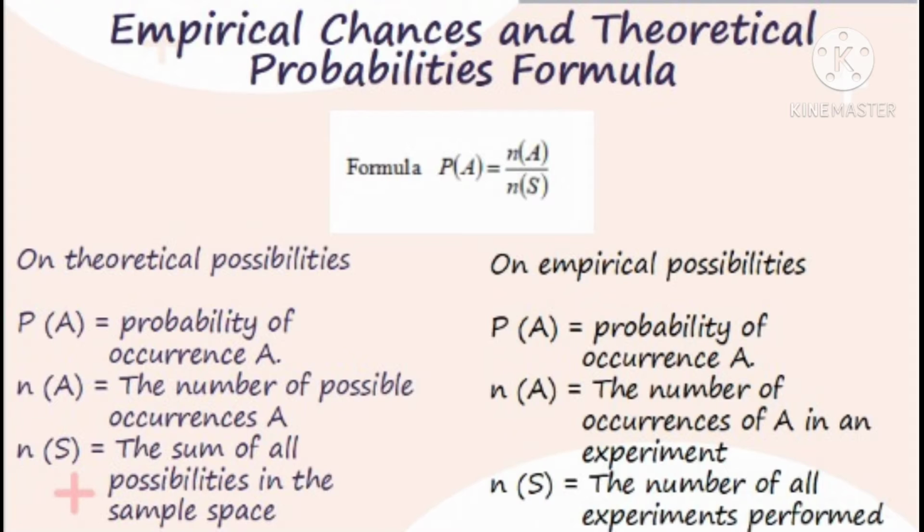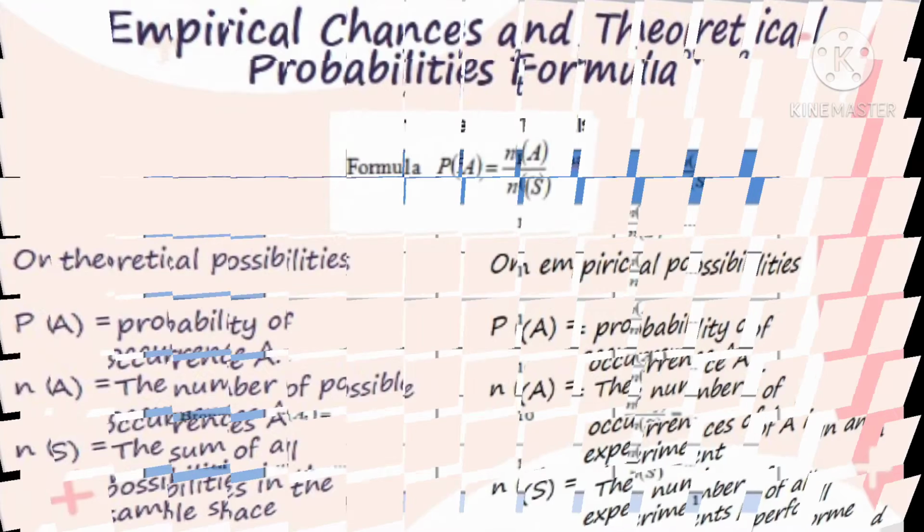In empirical probability, P(A) equals the probability of occurrence of A, N(A) equals the number of occurrences of A in an experiment, and N(S) equals the number of all experiments performed.